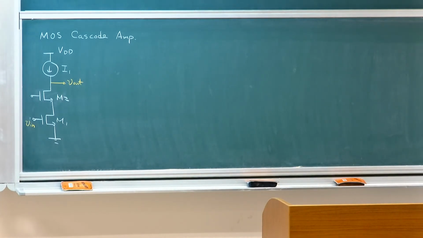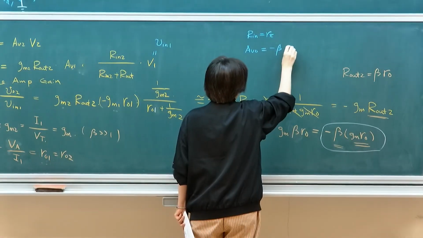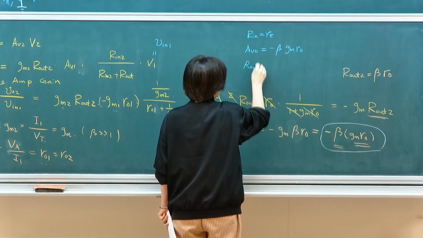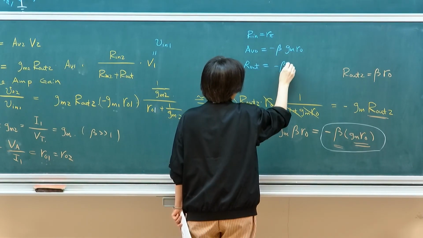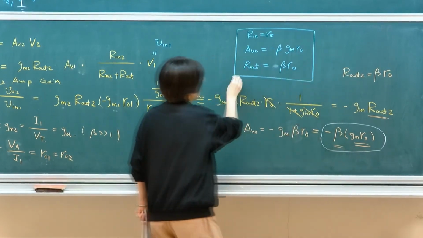Okay? I forgot to do a summary on the left, on the bipolar circuit. For the bipolar cascode circuit based on that structure, I have R in equals r pi, voltage gain equals minus beta GM RL, and then my output resistance is very high, beta RO.